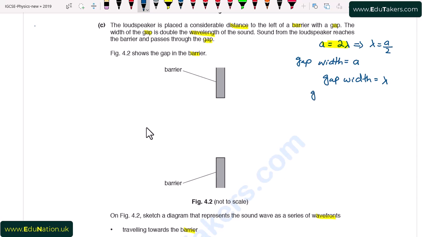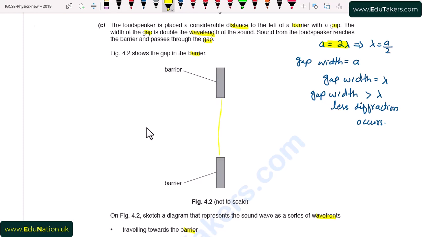Here gap width is greater than wavelength, that is 2 lambda, so less diffraction occurs. And the third case is when the gap width is smaller than the wavelength, so there will be the maximum diffraction.